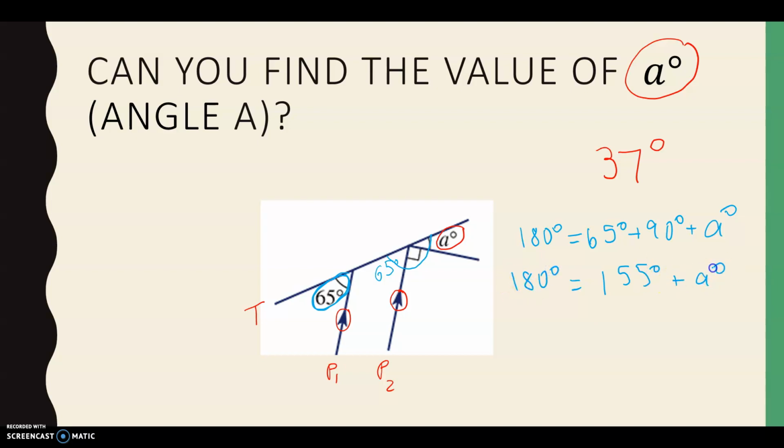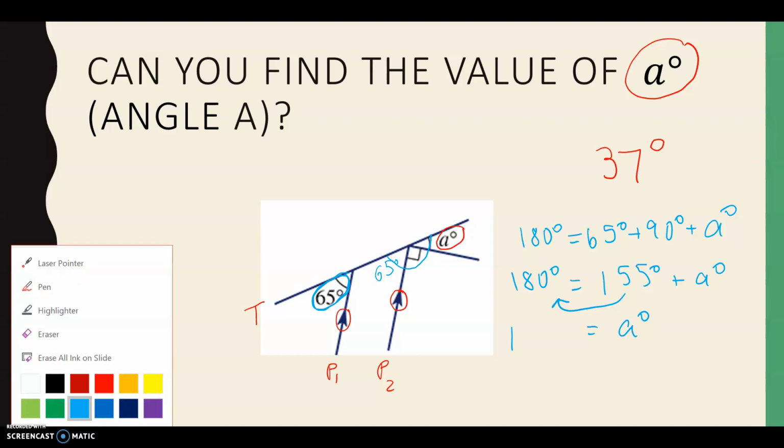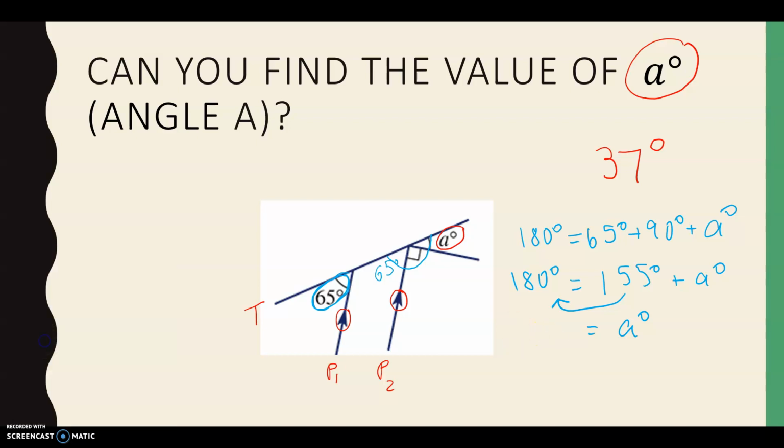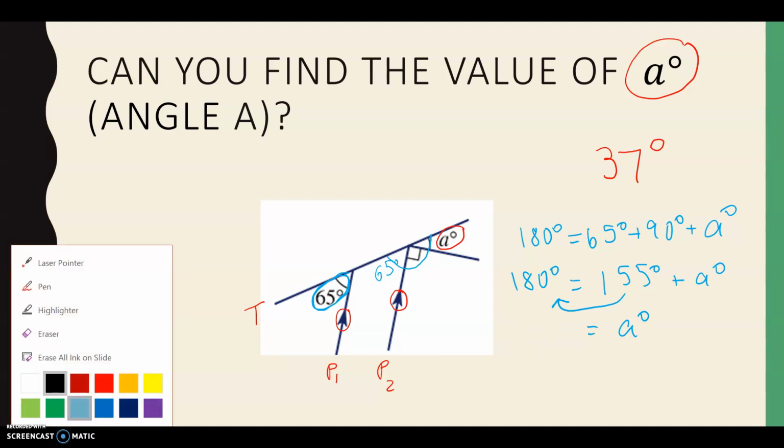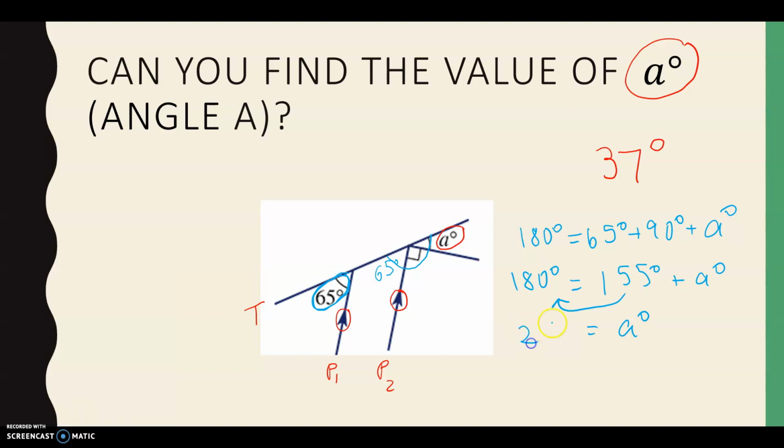A bit of simple algebra. We want A by itself. So we're going to move the 155 to the other side. 180 minus 155, that gives you 25 degrees. So that little angle there is 25 degrees.